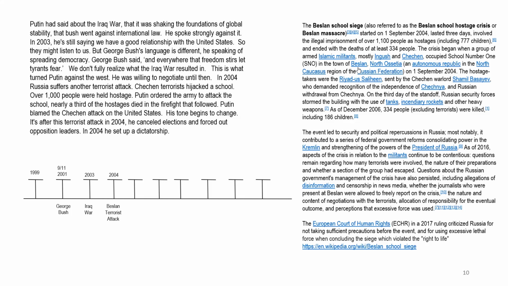Questions about the Russian government's management of the crisis have also persisted, including allegations of disinformation and censorship in news media, whether the journalists who were present at Beslan were allowed to freely report on the crisis, the nature and content of the negotiations with the terrorists, allocations of responsibility for the eventual outcome, and perceptions that excessive force was used.